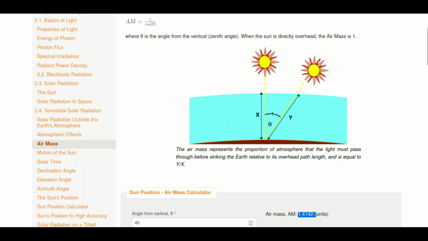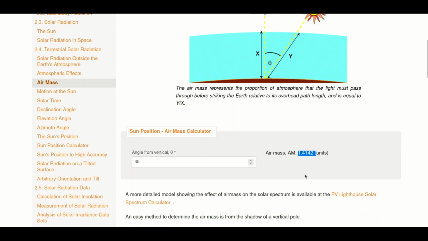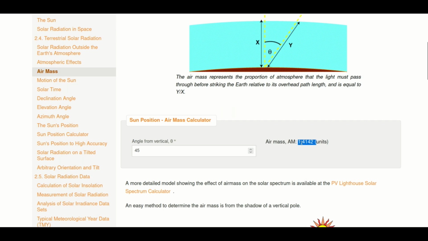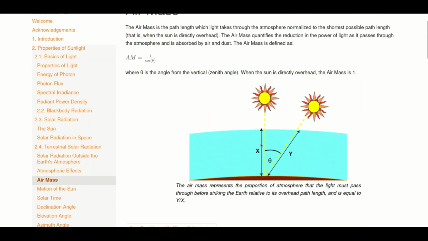It doesn't tell, but then I've got to add how much this, or should I say a factor, a multiplier. Let's say with every atmosphere of 0.1 or every time I double the thickness of the atmosphere, how much irradiation am I going to lose? Well, I think I'm going to have to go to solar radiation in space.